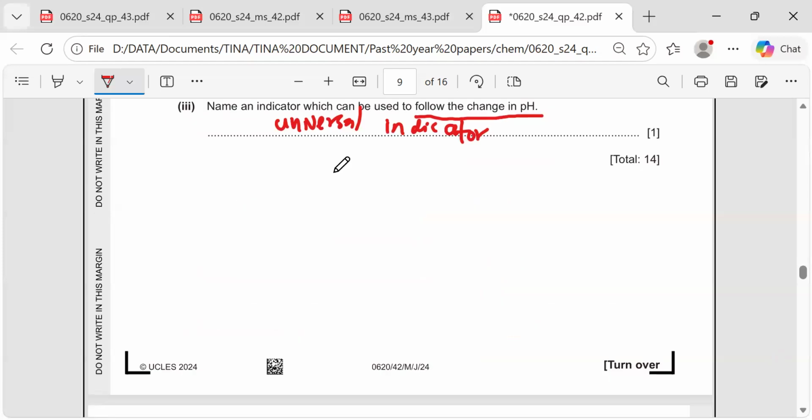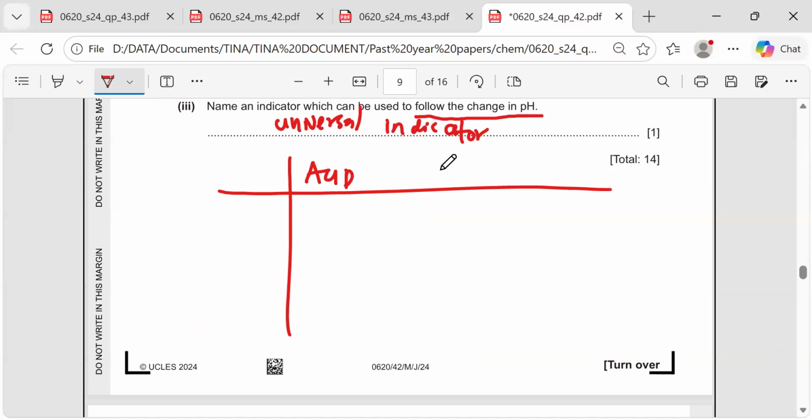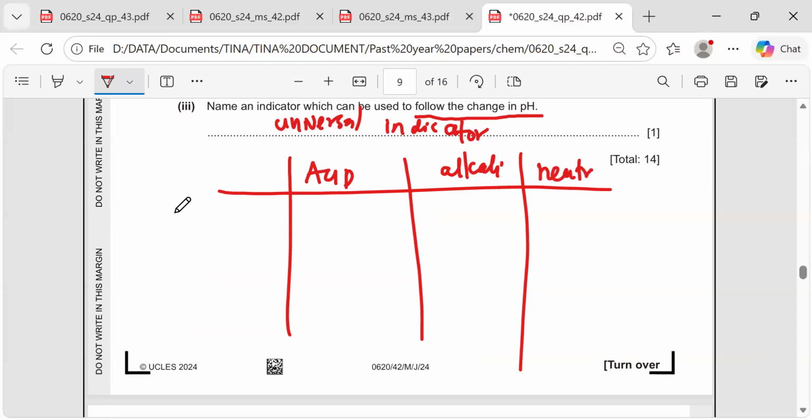Okay, let's go through this again. Acid, alkali, neutral. No, that one no more already.